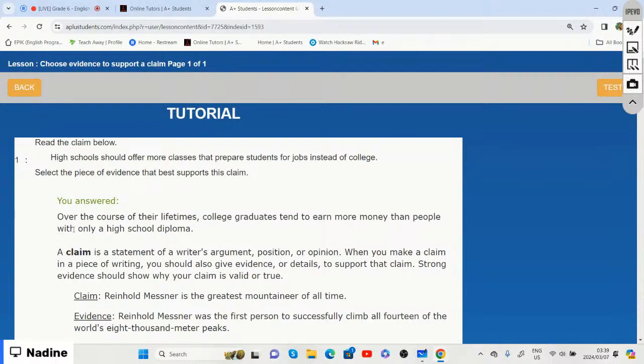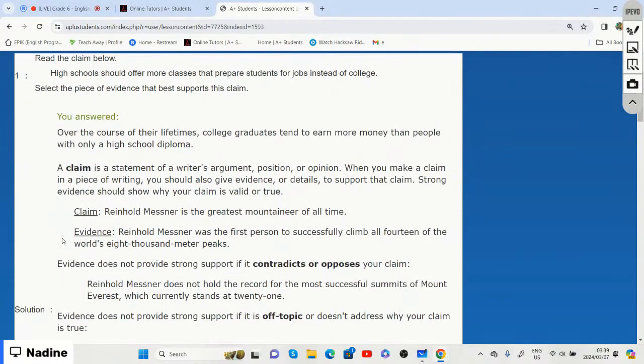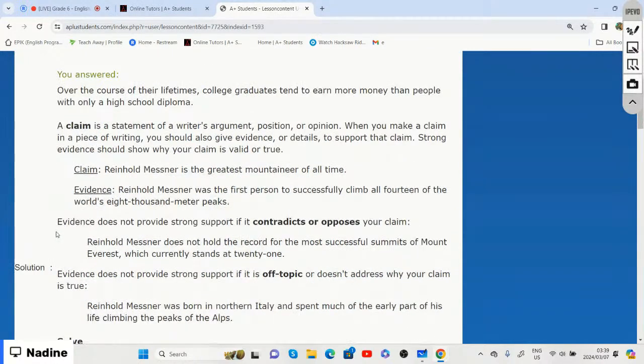A claim is a statement of a writer's argument, position, or opinion. When you make a claim in a piece of writing, you should also give evidence, or details, to support that claim. Strong evidence should show why your claim is valid or why your claim is true.